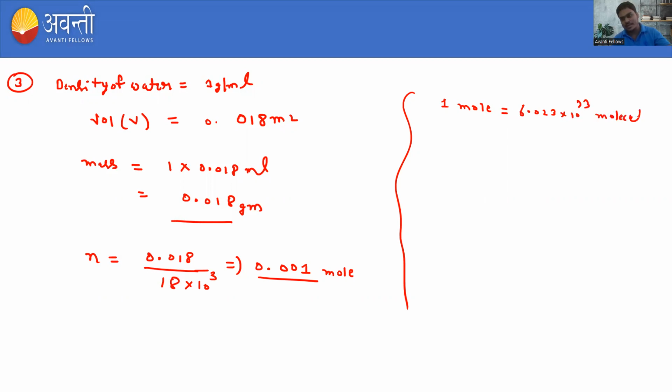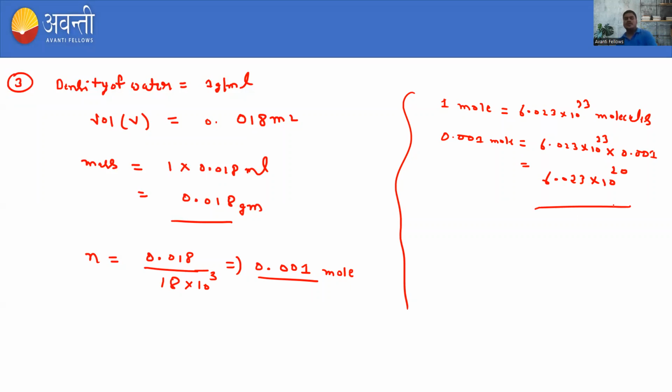So in 0.001 mole, how many molecules? It is equal to 6.023 into 10 raised to the power 23 multiplied by 0.001, or we say it comes out to be 6.023 into 10 to the power 20.